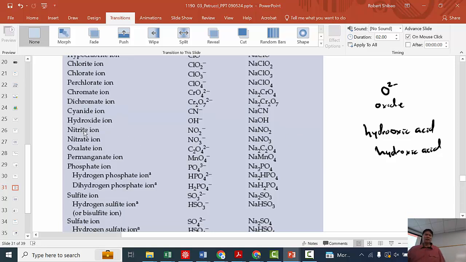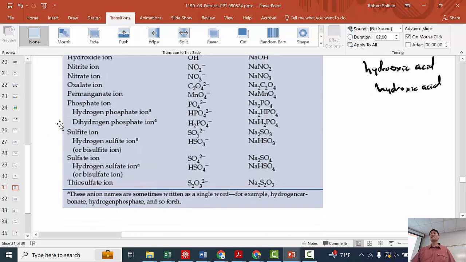We can have acid anions. You guys are familiar with acid anions, correct? For example, HSO4 minus is called hydrogen sulfate ion, or bisulfate. It's more commonly known as bisulfate.